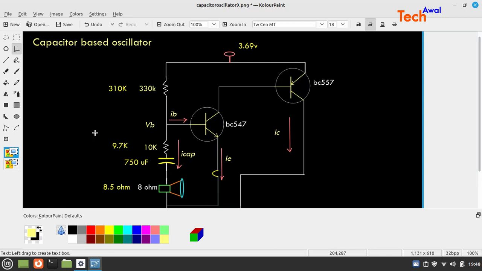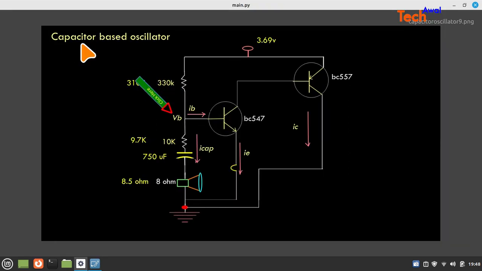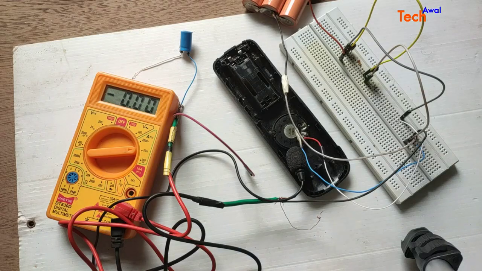Okay, so that we'll see now. We'll proceed with the demonstration. The circuit is connected.